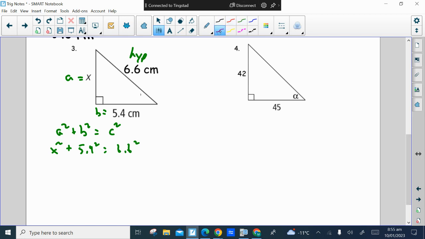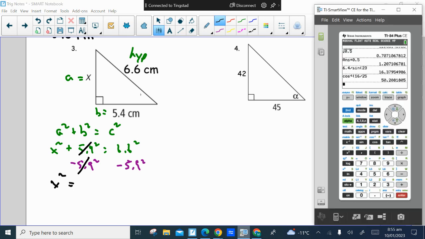And so to get the x squared by itself, I would subtract 5.4 squared from both sides. They'll cancel on the left, and we'll have x squared equals, on the right side, 6.6 squared minus 5.4 squared.